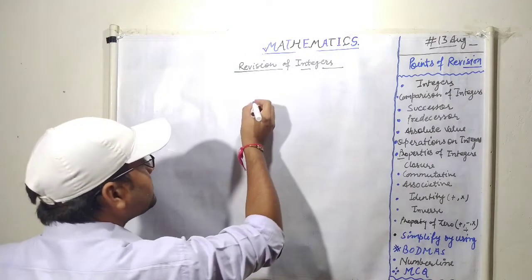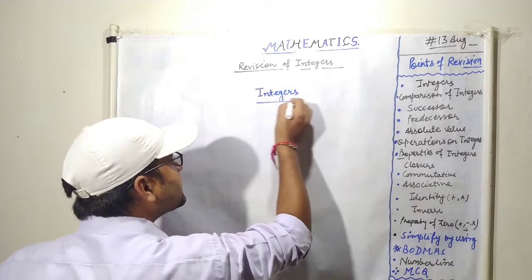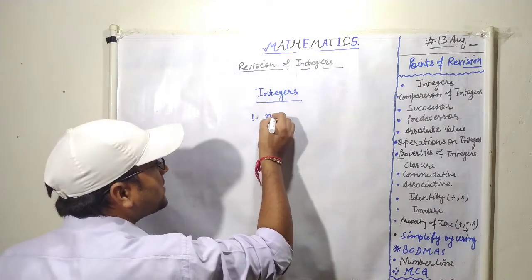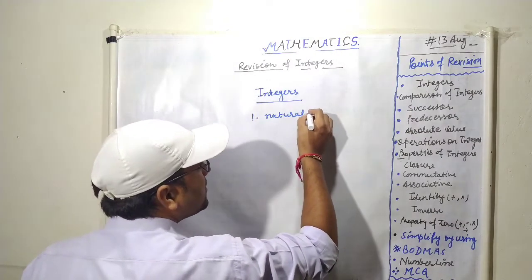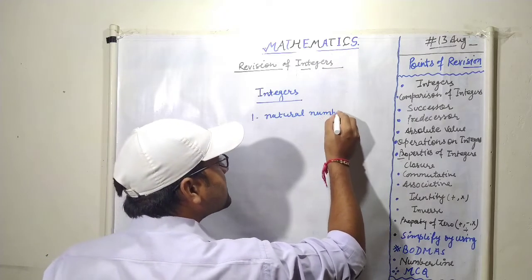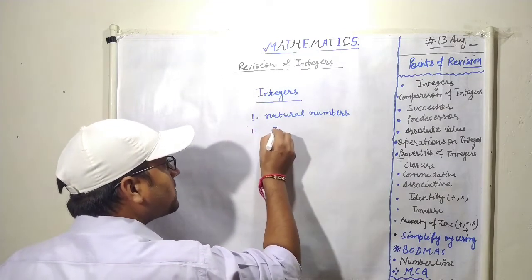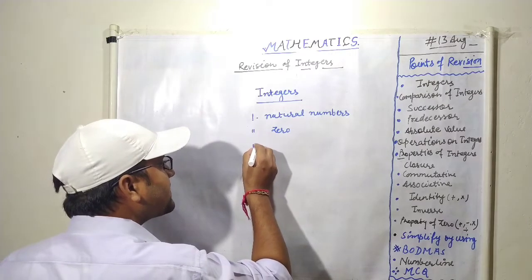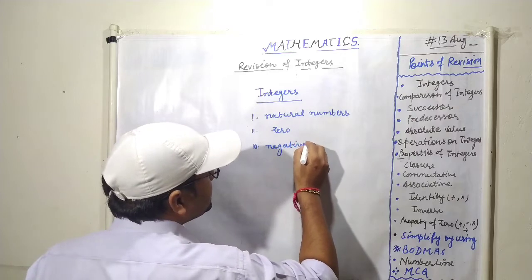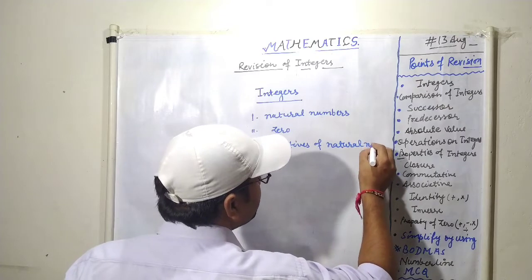So integers means that it is a collection of natural numbers, zero and negatives of natural numbers.